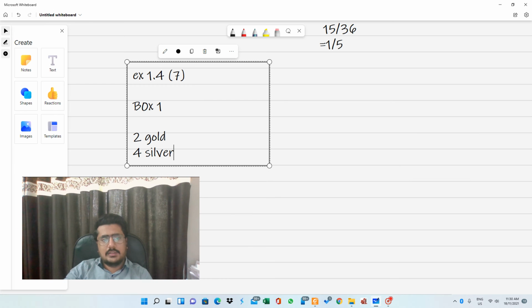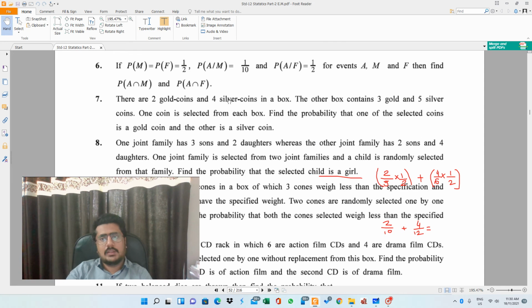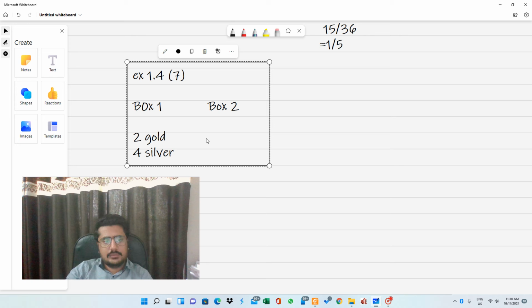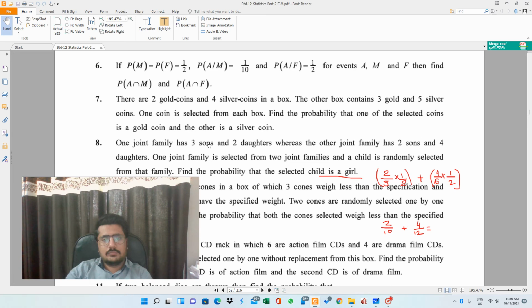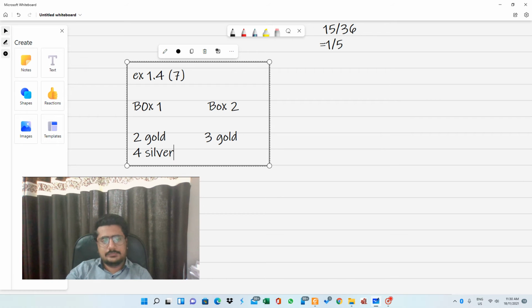Then in the next box, that is box 2, it is three gold, five silver.